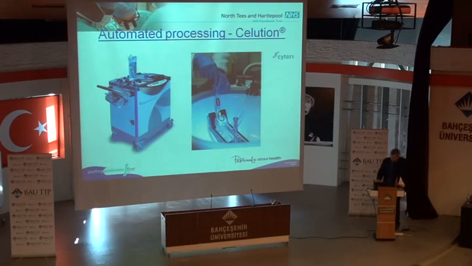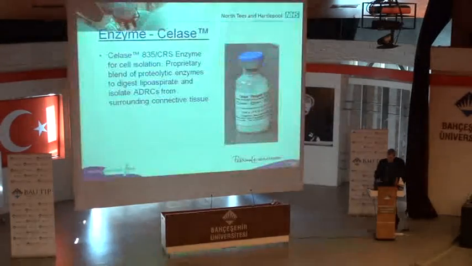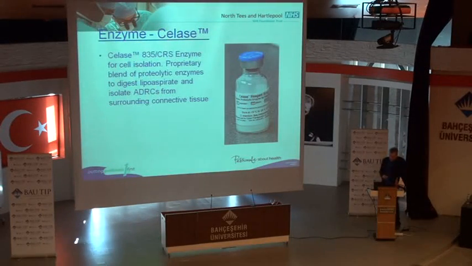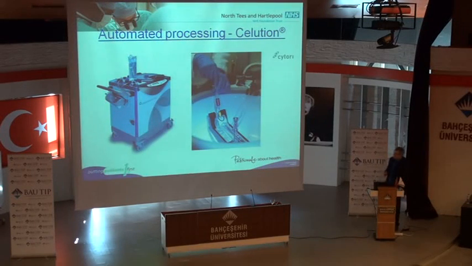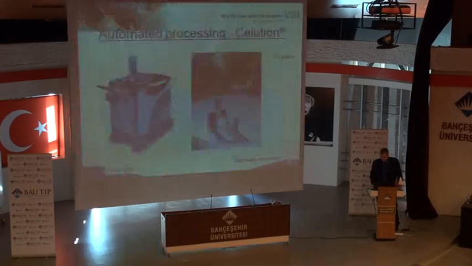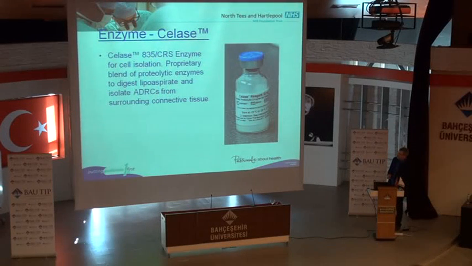We then process the graft in the solution machine, which has a disposable kit, which includes all the disposable elements of the washing machine, and also a proprietary enzyme, which is doing all the enzymatic digestion automatically.